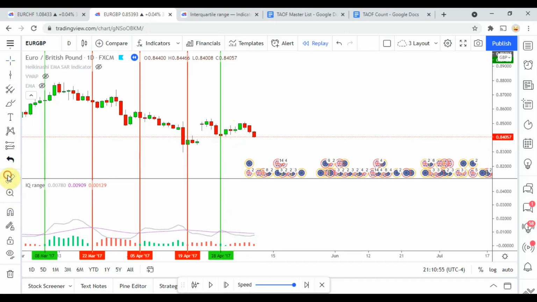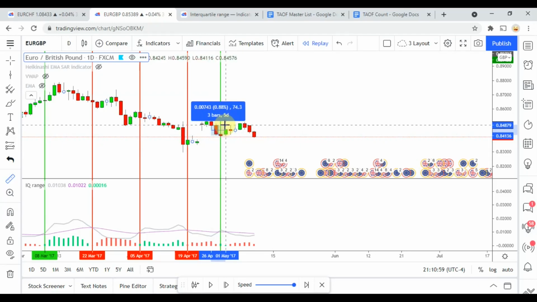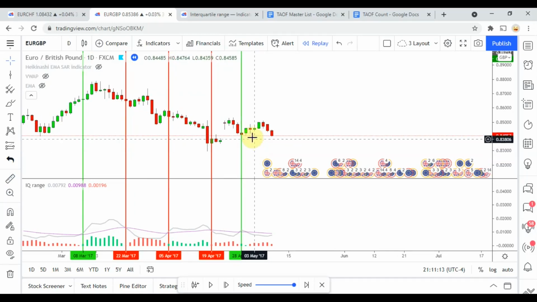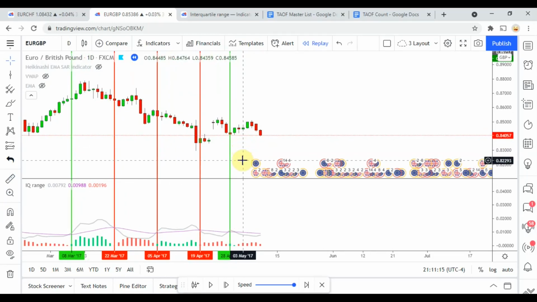If you measure from the bottom of that candle up to the top of this little short candle right there, we hit about 70 pips to the upside before it bounced around some and closed right about where it opened, giving us the short signal. So that would have been a win for us.